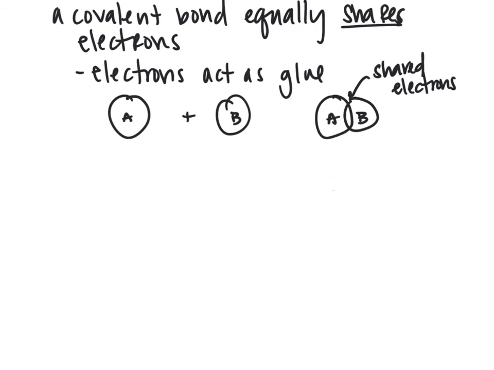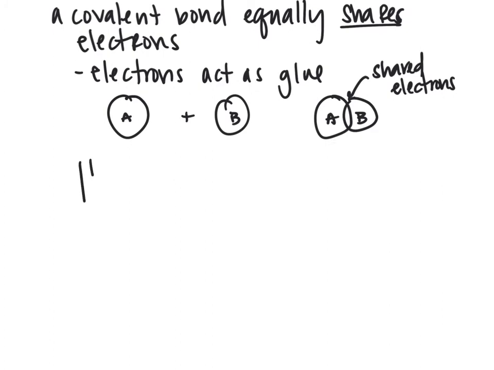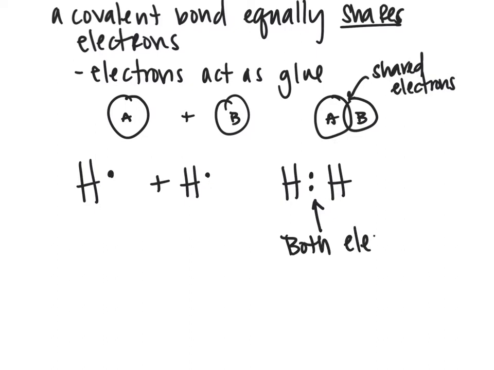So when we think about a covalent bond, if we were to have a hydrogen plus another hydrogen, we could imagine that these two electrons come together and fit to create hydrogen, in this case where both elements share the electrons.